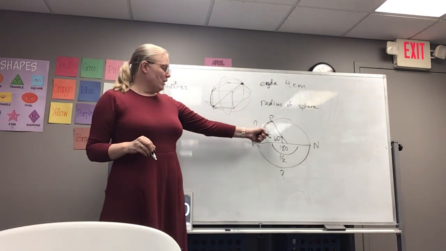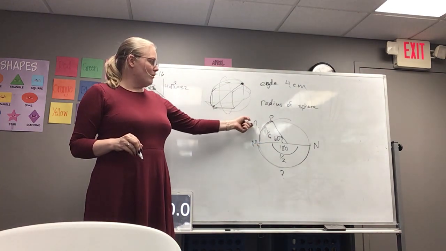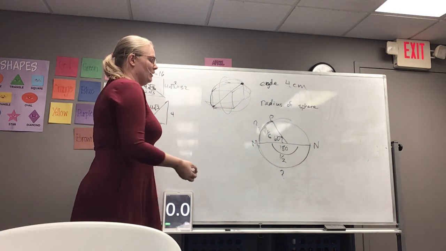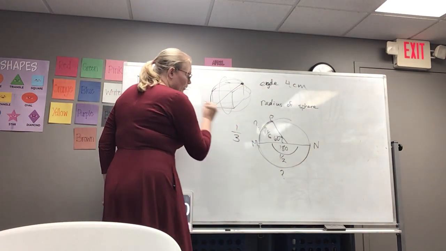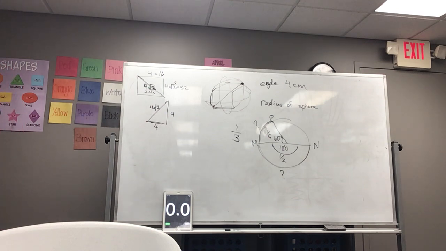And you're saying you need 3 of these to get to one of those. So when we're looking at the percentage of MP to MN, that's going to be 1/3 or 33.33%.